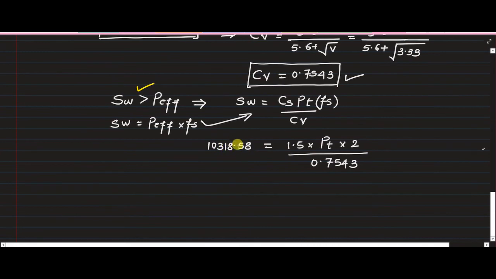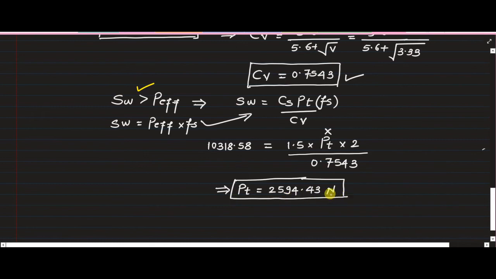Now this is a one equation, one unknown scenario. The only unknown is PT. So from here we get the tangential force acting on this gear, PT, equal to 2594.43 Newton. So that's the tangential force acting in this gearing system.